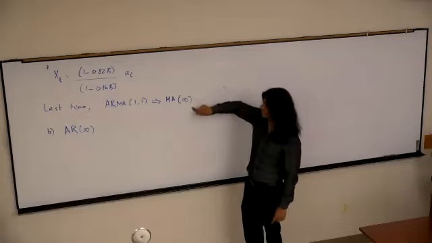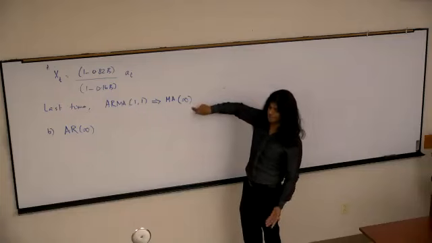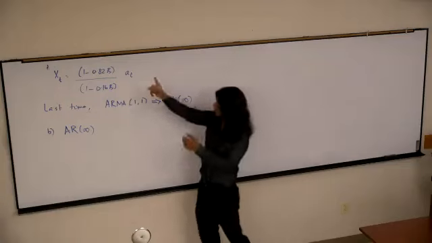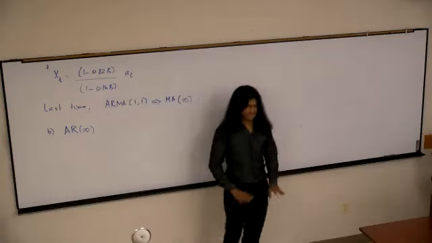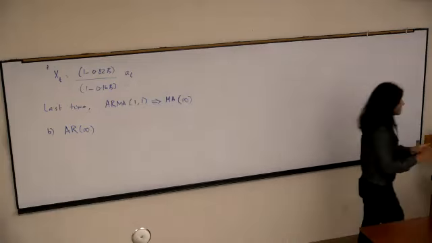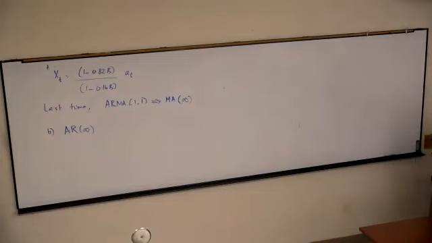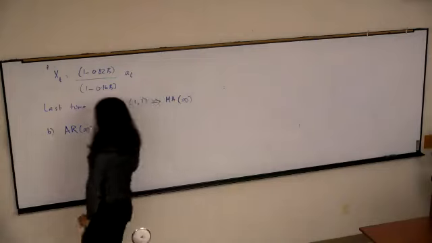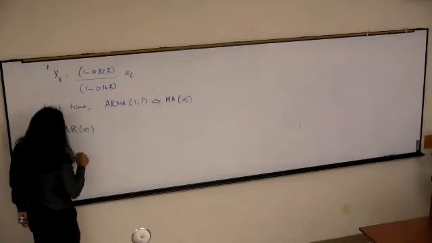We rewrote it as MA infinity using long division. This time we're going to rewrite it in terms of AR infinity. I have a question in mind, but we'll save that for later.